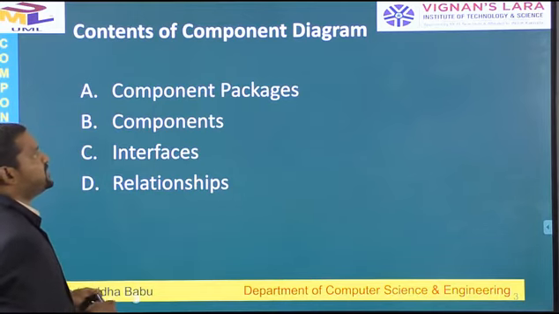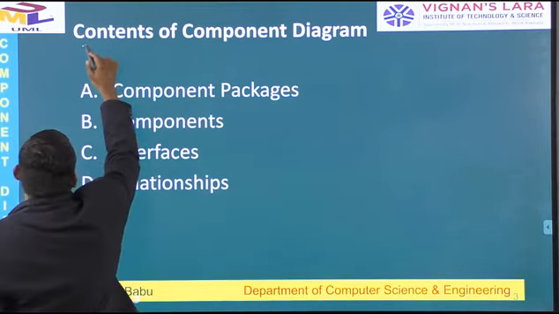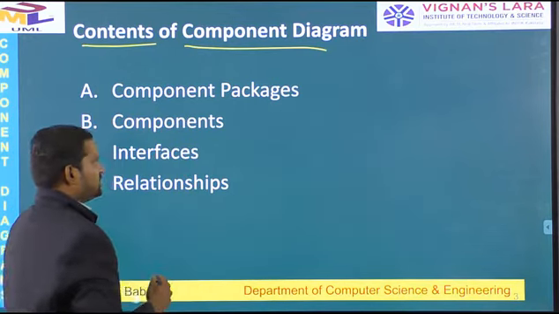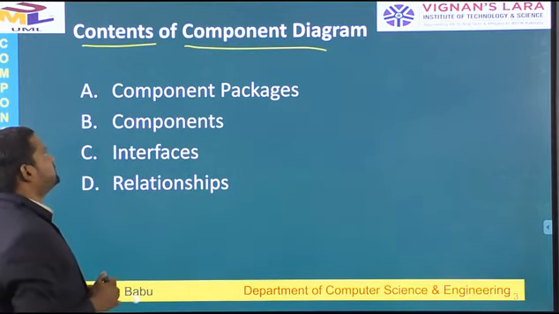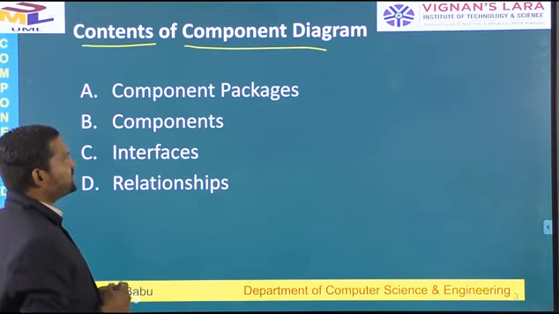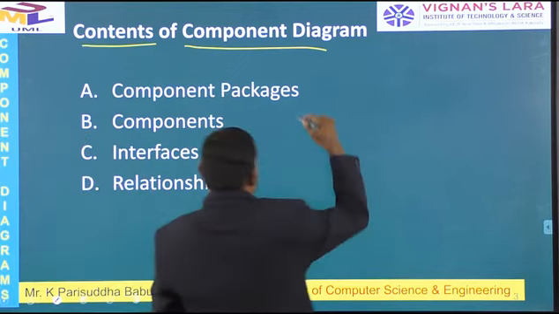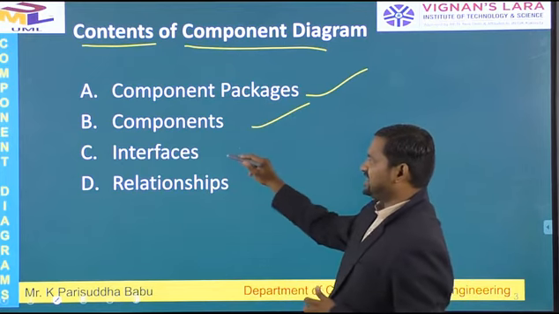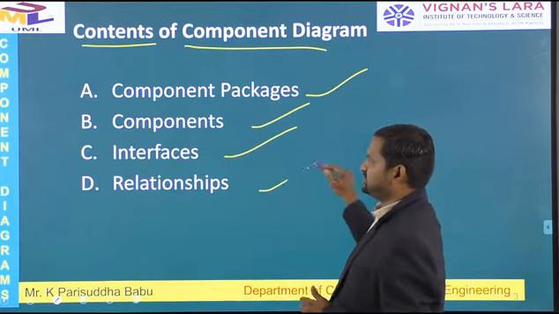Contents of component diagram. What contents are available in the component diagram? A component package, components, interfaces, and relationships.